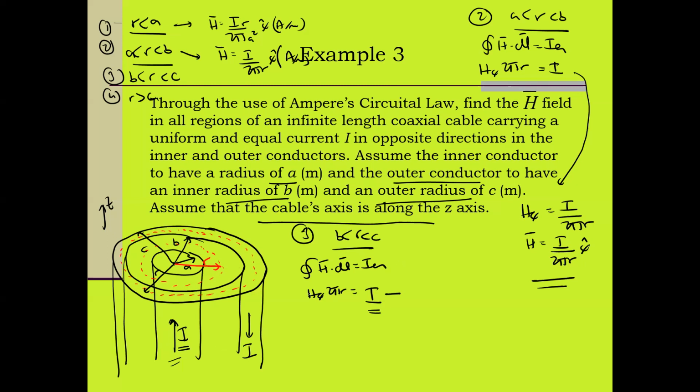So for this second I, it should be written as I times R squared minus B squared over C squared minus B squared, because this is a portion of current that is confined by this second loop.